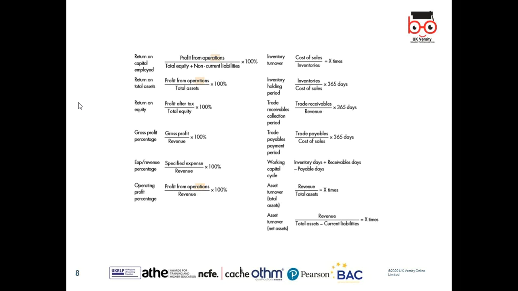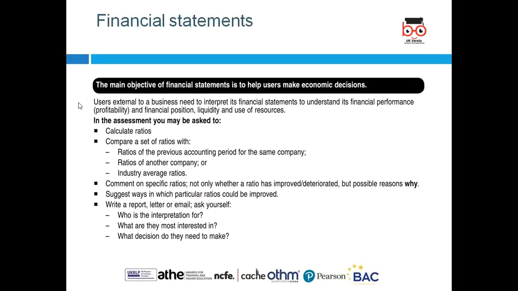Inventory turnover days: how many times inventory is turned over, converted into finished goods and sold. Trade receivable days, holding period, and the working capital cycle are all crucial ratios to calculate, and different stakeholders use them to make different decisions, which we'll look at further in the slides.